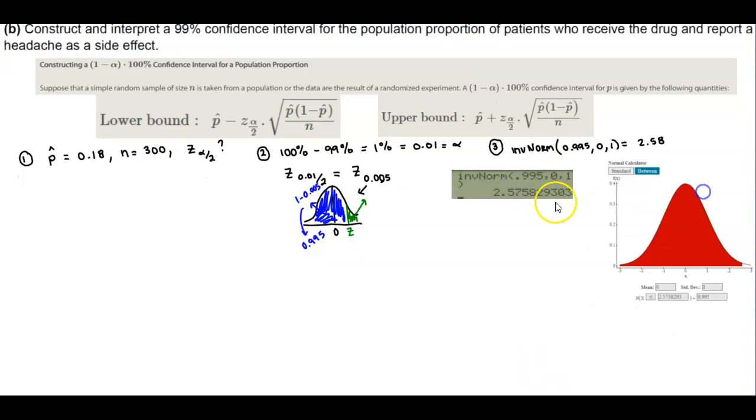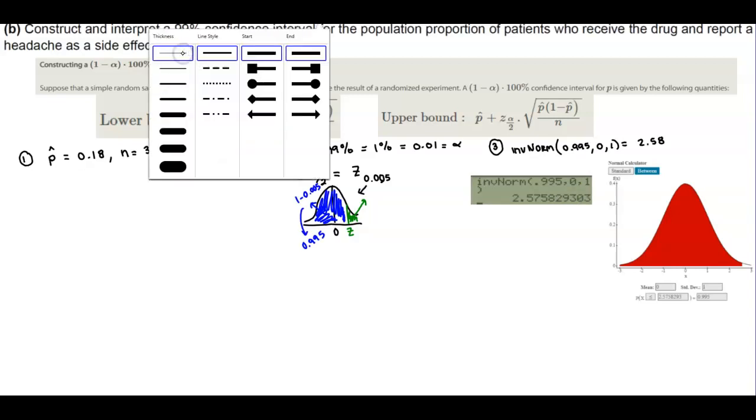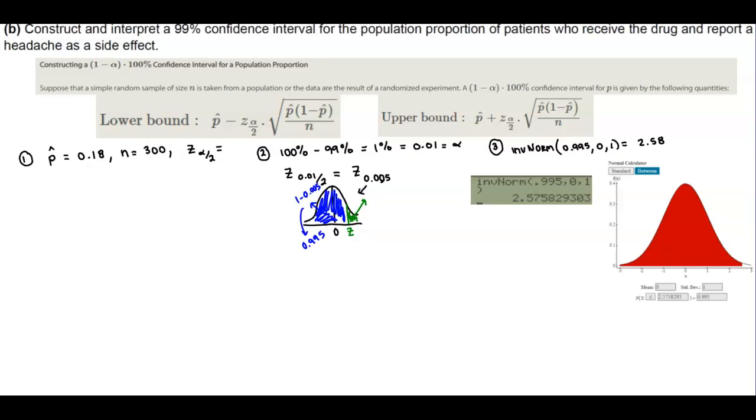Okay, so now we know that z alpha divided by 2 here is going to equal 2.58. So now we want to find the lower bound. So I'm going to abbreviate that as the lower bound.